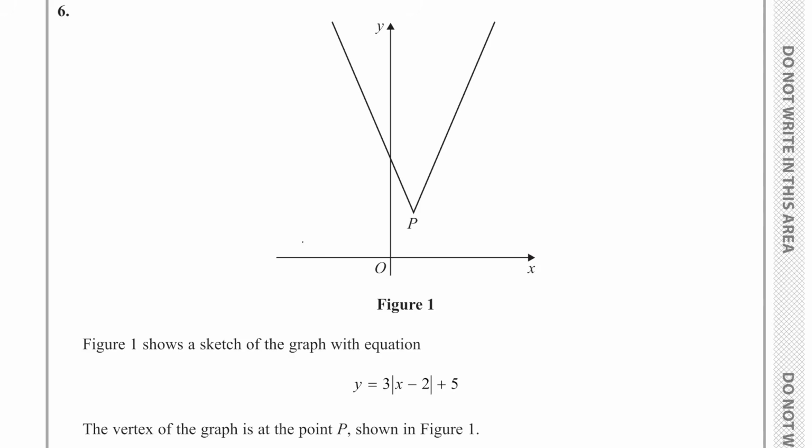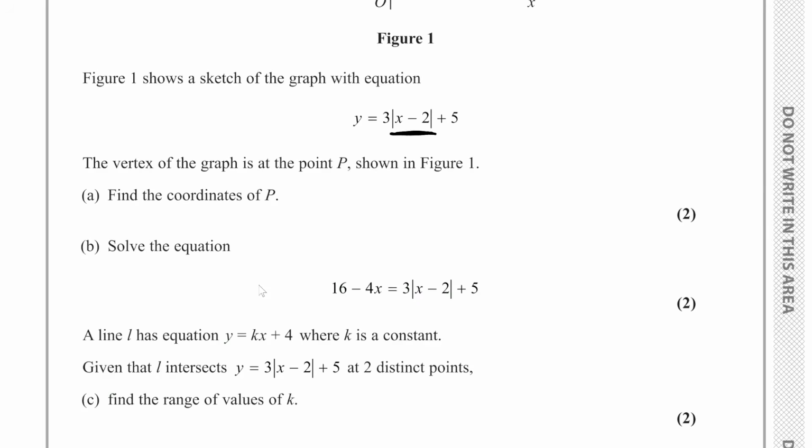Because we've got a modulus, the minimum thing will be where the modulus is worth 0, and that will be when x is 2. So when x is 2, y is going to be 0 plus 5, which will be 5. So it's going to be 2, 5. The minimum point will be at 2, 5. So P is at 2, 5.